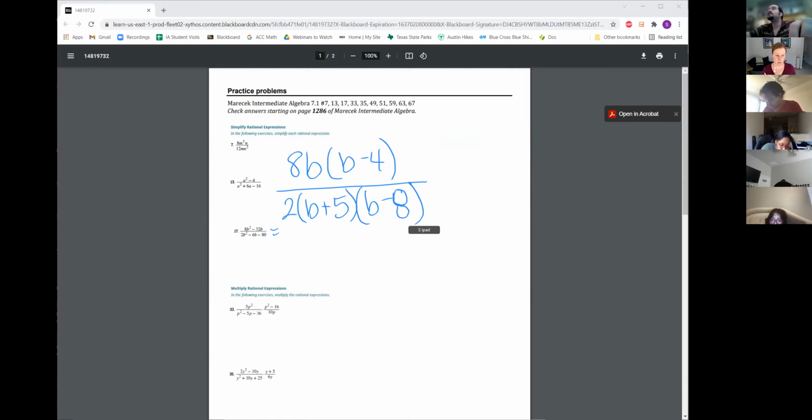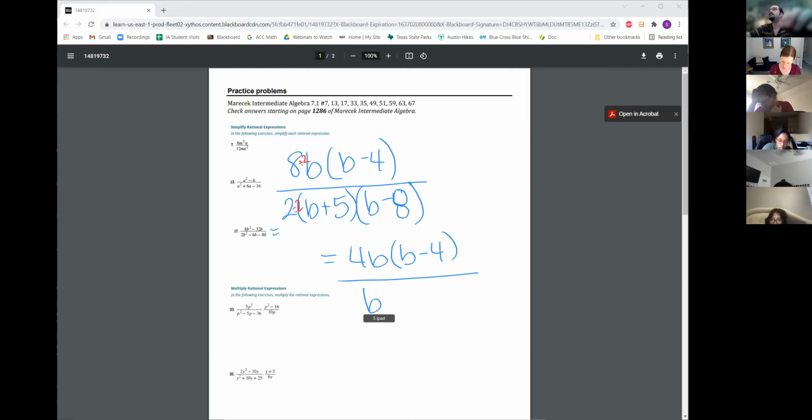Then you can reduce the 8 and the 2? Yep, and then I factored the number 8, which is 2 times 4. So it'd be 2 times 4b, in parentheses b minus 4, on the top. Pretty much the same on the bottom, except there's going to be a 2 in front of those parentheses.